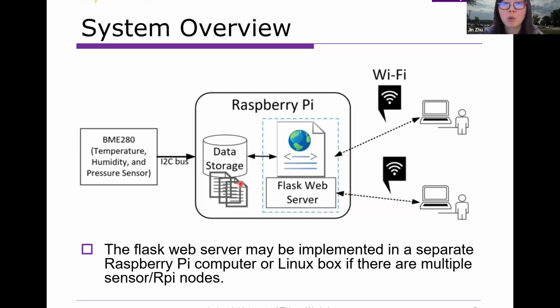We will also implement a Flask web server on the Raspberry Pi, which is connected through the Wi-Fi, a wireless local area network. A user connected to the same Wi-Fi can check the data via a web page easily. The most recent data will also be updated on the web page automatically every 5 seconds.